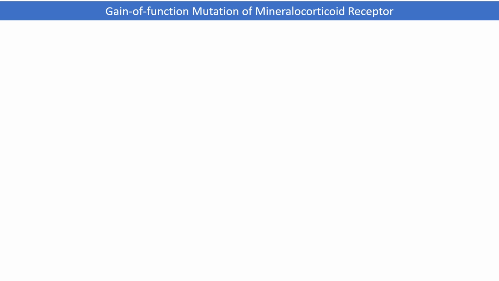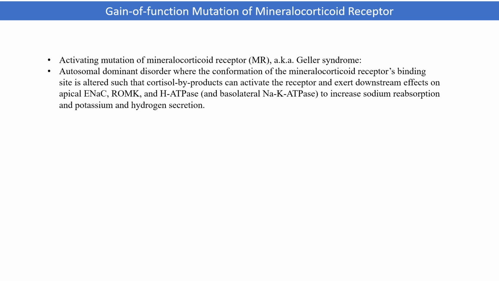A few words about gain-of-function mutation of the mineralocorticoid receptor. The presence of an activating mutation of the mineralocorticoid receptor is known as Geller syndrome. This is an autosomal dominant disorder where the conformation of the receptor's binding site is altered such that cortisol byproducts can activate the receptor and exert downstream effects on ENaC, ROMK, and hydrogen ATPase to increase sodium reabsorption and potassium and hydrogen secretion.